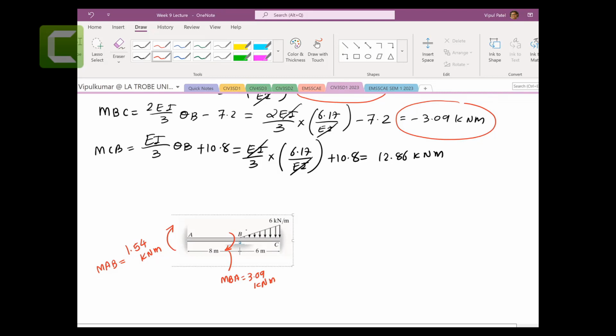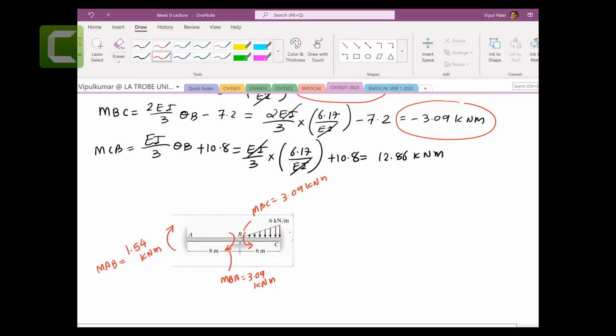Then you have this anti-clockwise, so that's anti-clockwise going here, MBC. MBC is going to be anti-clockwise, and that MBC equals 3.09 kilonewton meters.